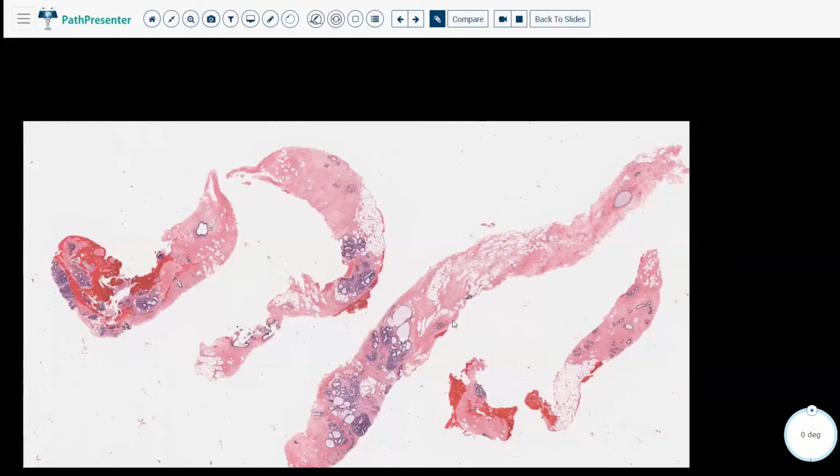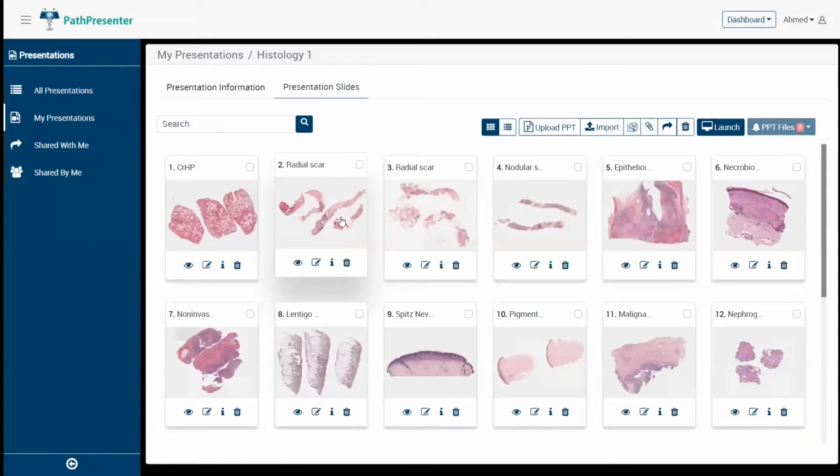Most of the recent publications, from the last 2 or 3 years, will tell you the link between radial scar and cancer is probably related to the frequent sampling of radial scar rather than the fact that they truly predispose to cancer. So radial scar on its own does not produce cancer. This is just to highlight that case.